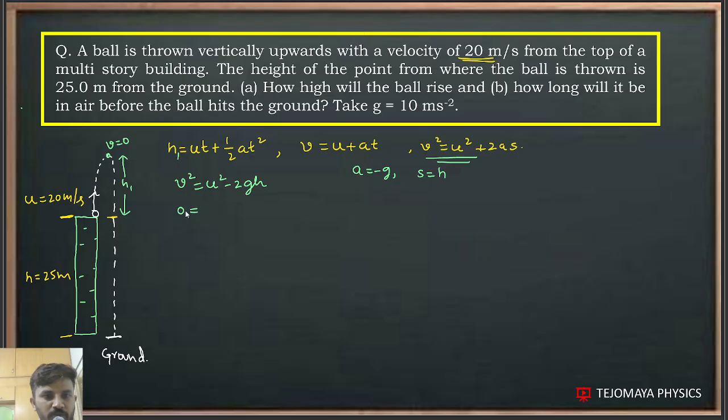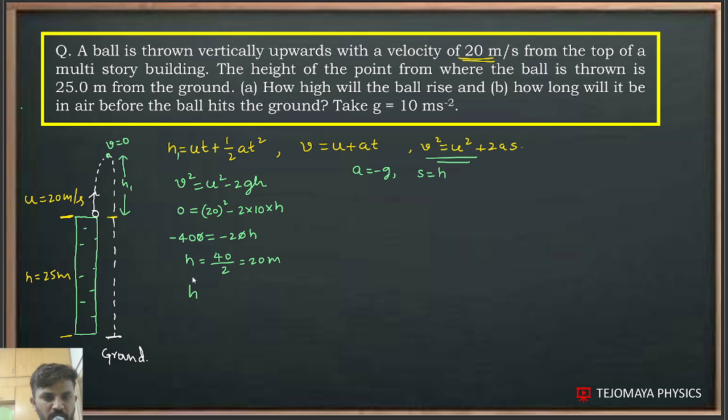So 0 is equal to 20 whole square minus 2 into g, which is 10, into h. 20 square is 400, that will come to the left side, equal to 20h. So h is equal to 400 divided by 20, that is equal to 20 meters.